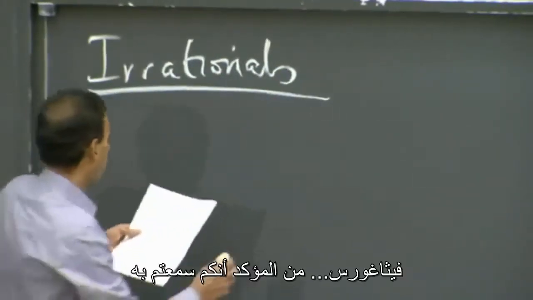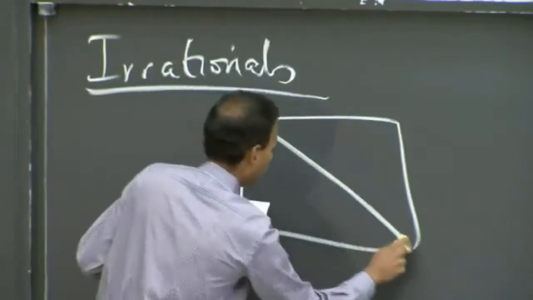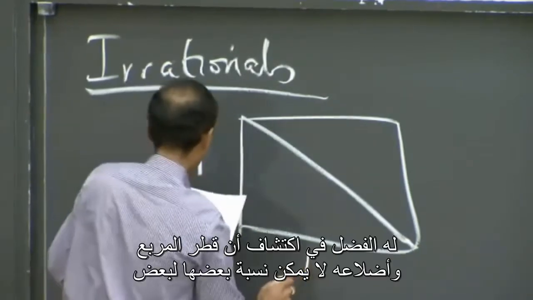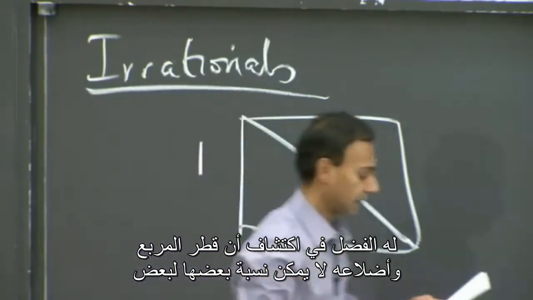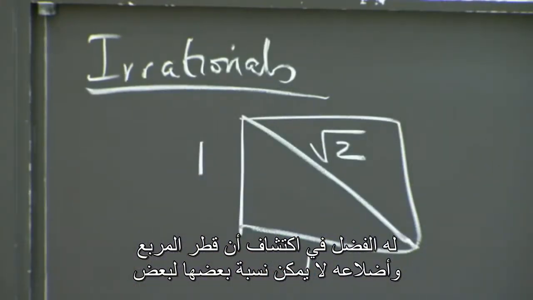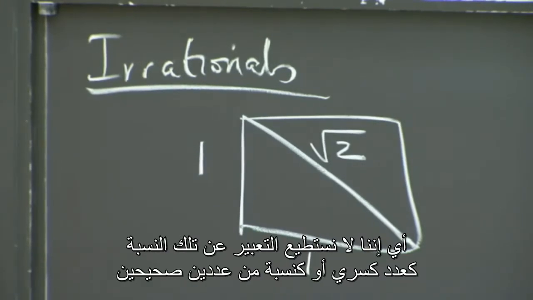And Pythagoras, whom I'm sure you've all heard of, is credited with the discovery that a square's diagonal and its side are incommensurable. So you can't really express the ratio as a rational number, as a ratio of integers.